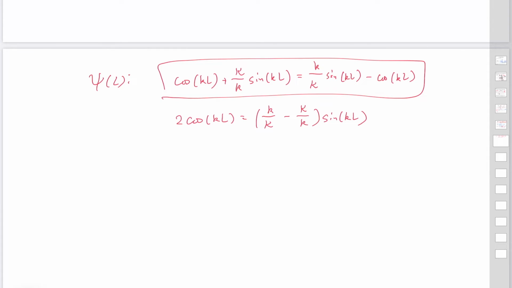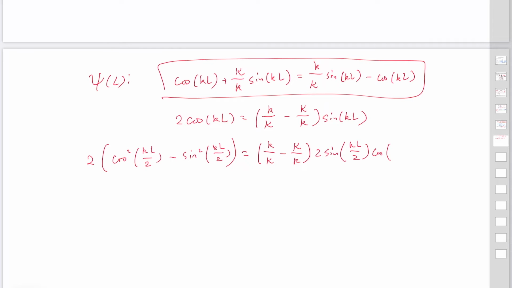Then we can apply the double angle formulas: cosine squared kL over 2 minus sine squared kL over 2 equals k over kappa minus kappa over k times 2 sine kL over 2 cosine kL over 2. So 2 appears on both sides, so it's going to be cancelled out.